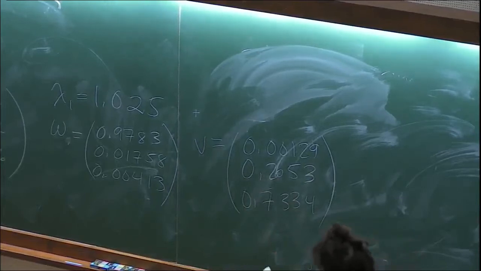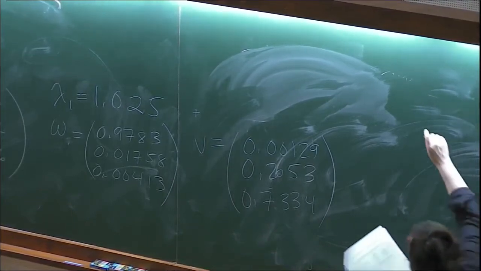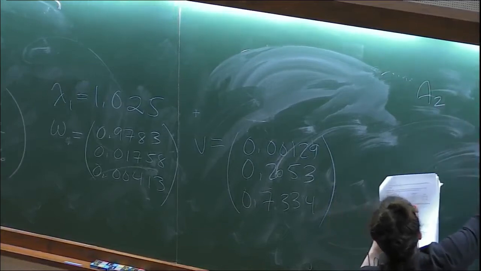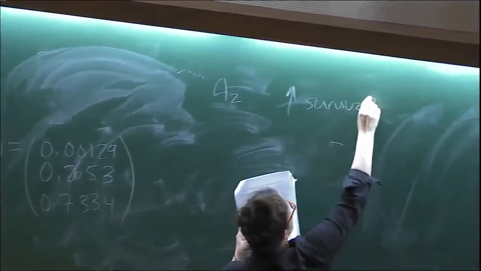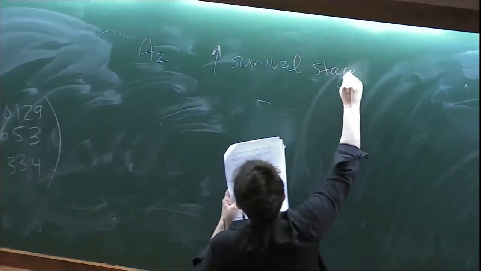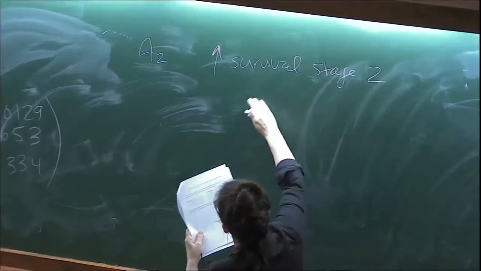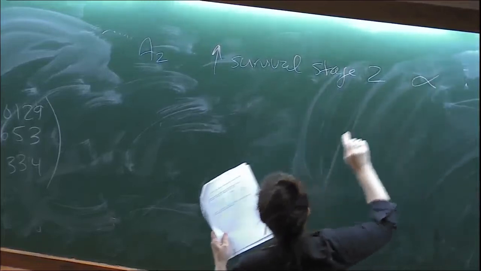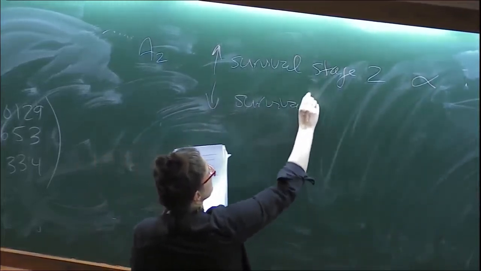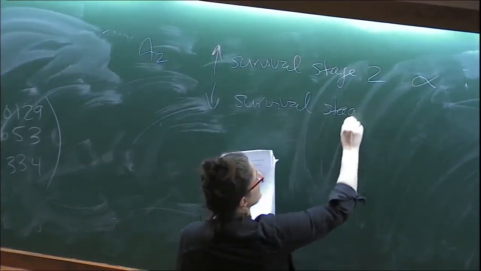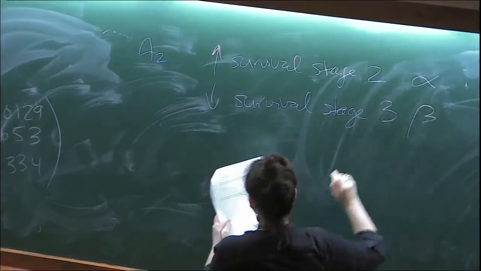I want to know if I introduce an allele, A2, it increases survival for stage 2 by amount alpha, and it decreases survival for stage 3 by an amount beta additively.